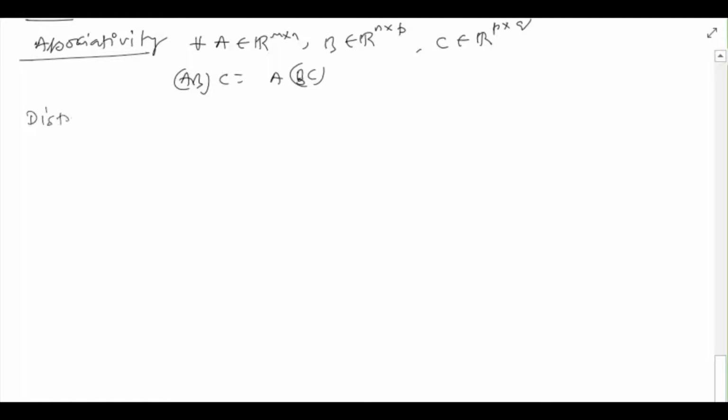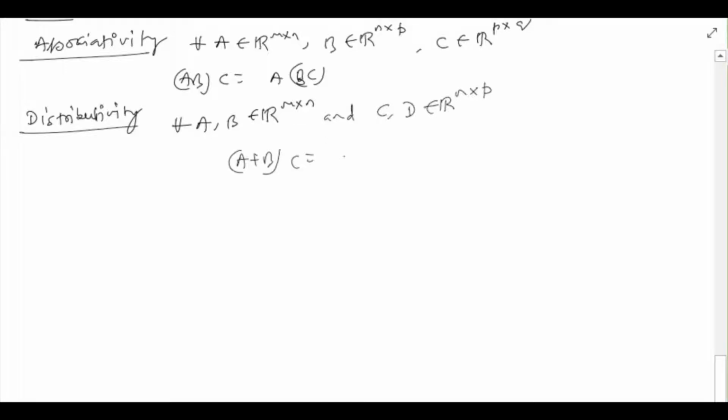Similarly, let's write the distributivity property. It says that for all A, B that are m cross n and C, D that are n cross p, (A plus B) times C is AC plus BC, and A times (C plus D) is AC plus AD.